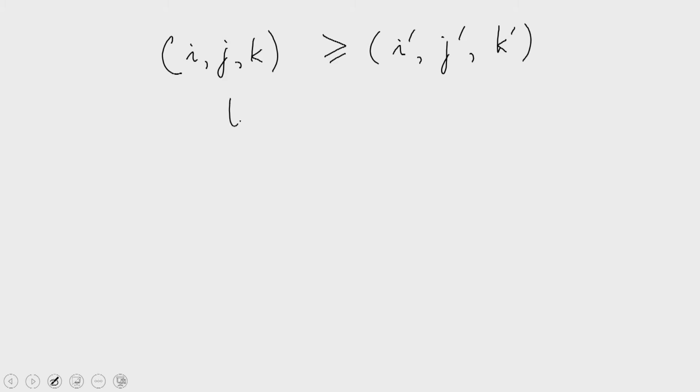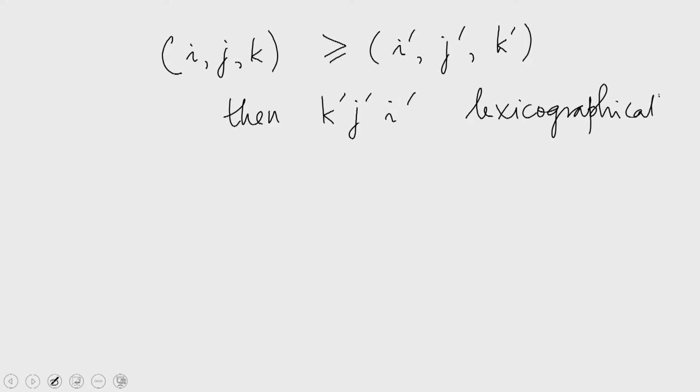Or in other words, what we want to say is that if the ijkth element is greater than or equal to the i prime j prime k primeth element, then k prime j prime i prime lexicographically precedes kji.